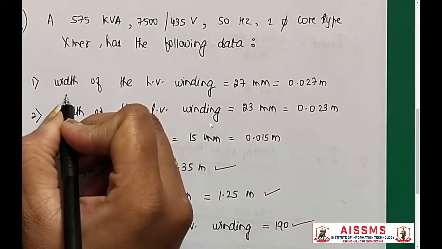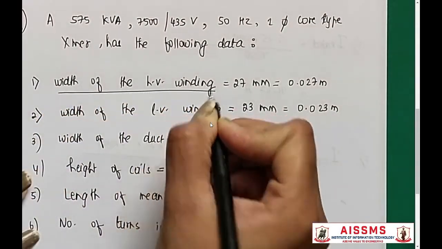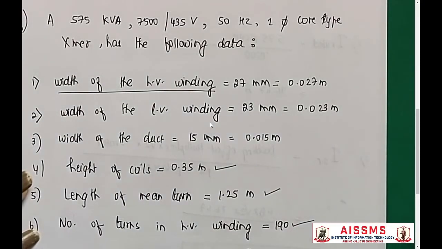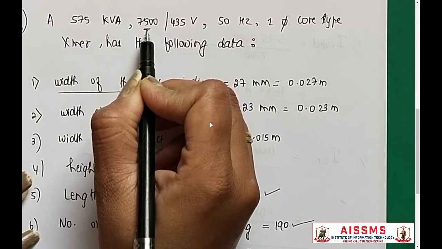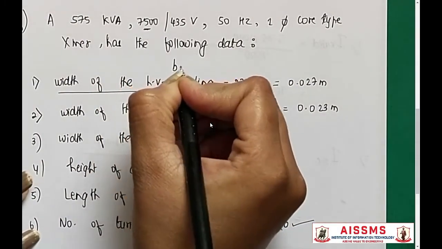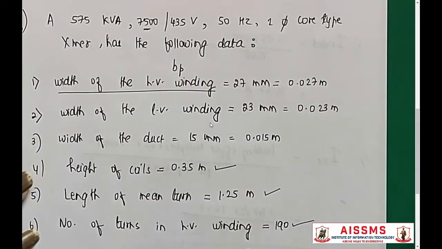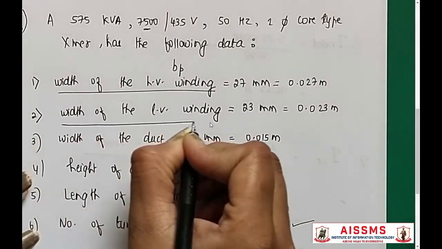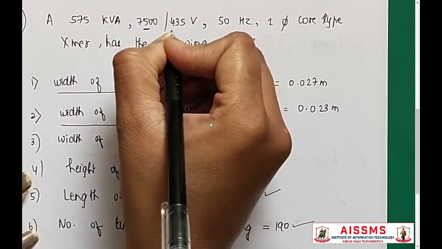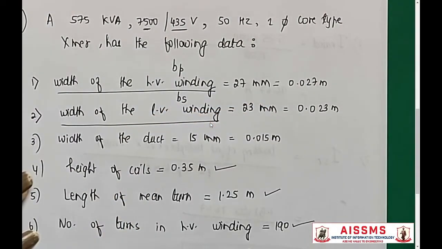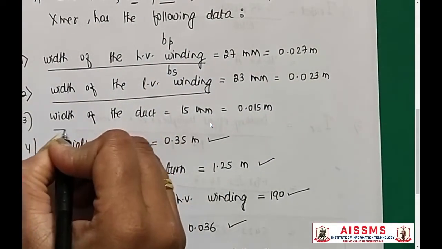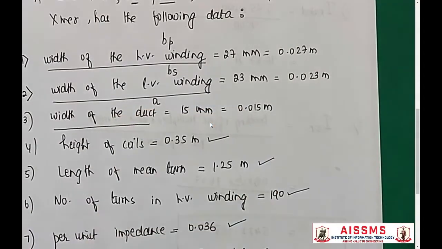Width of the HV winding, the primary one, has the symbol BP. Width of the LV winding is the secondary winding, so the symbol is BS. Width of the duct is small a.